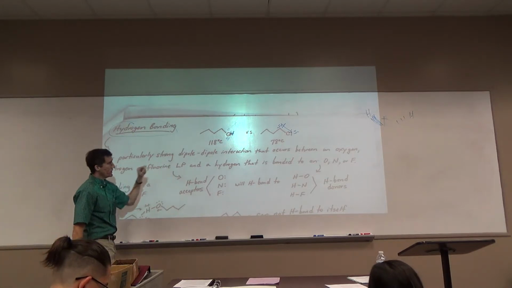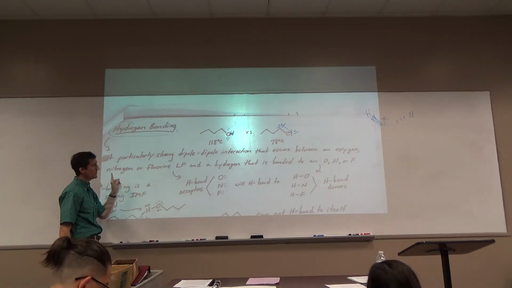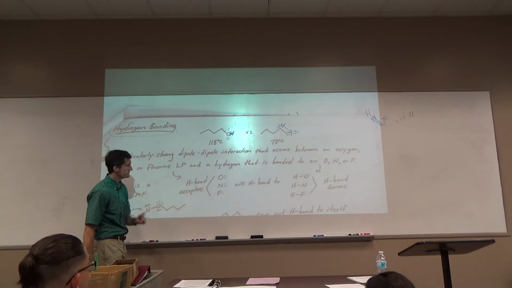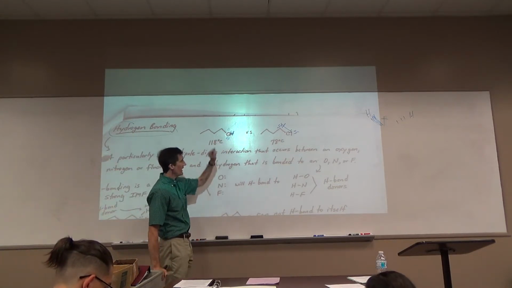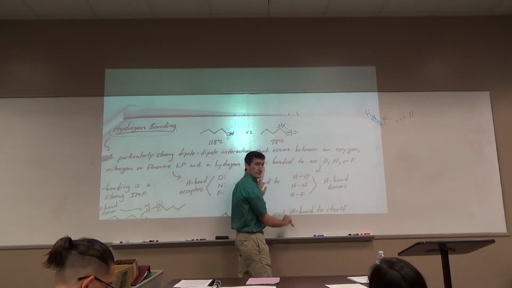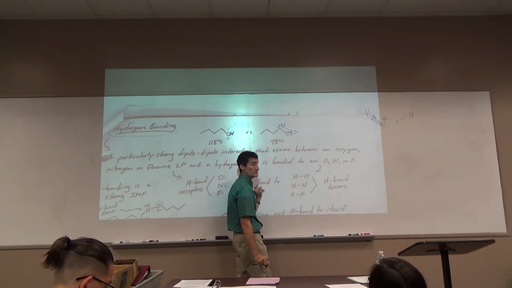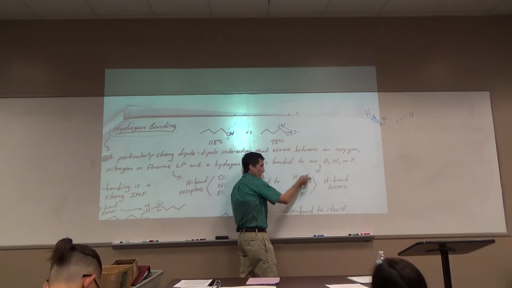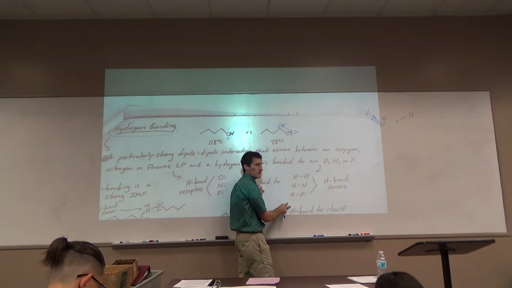Okay, it's a particularly strong dipole interaction that occurs between what? Well, you've got to have the hydrogen, and the hydrogen must be on an O, N, or F, because these are your 3 most electronegative atoms.